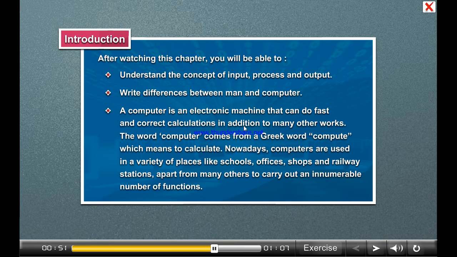Nowadays, computers are used in a variety of places like schools, offices, shops, and railway stations, apart from many others, to carry out an innumerable number of functions.